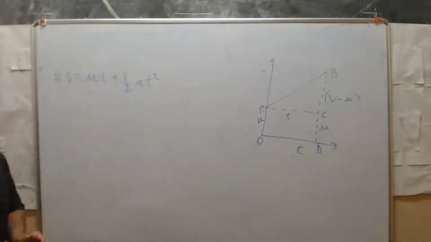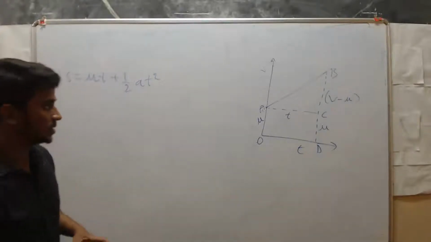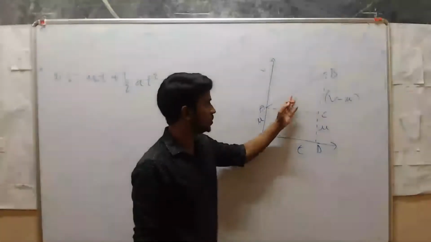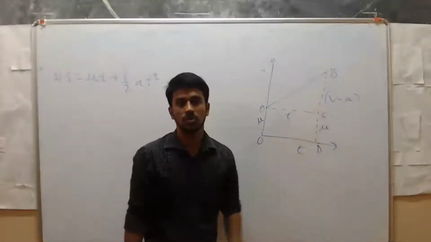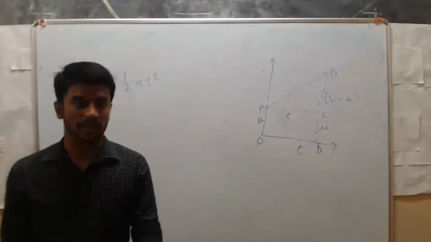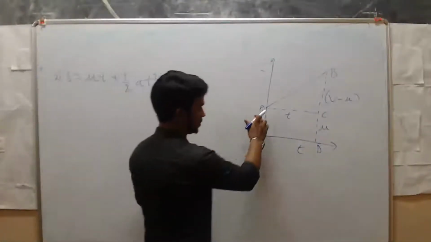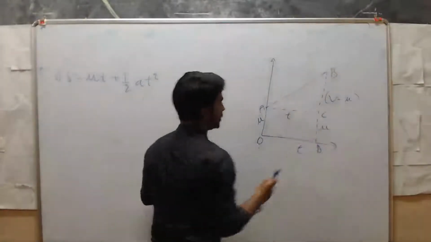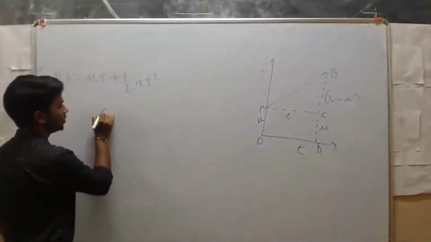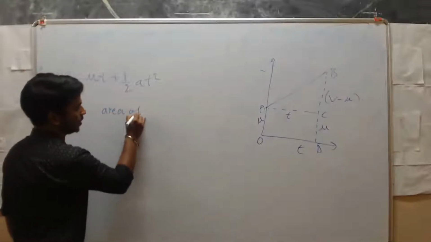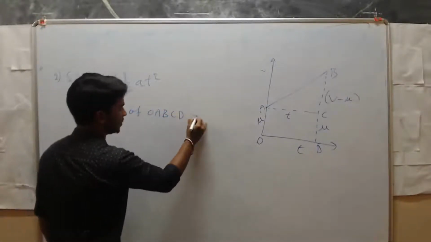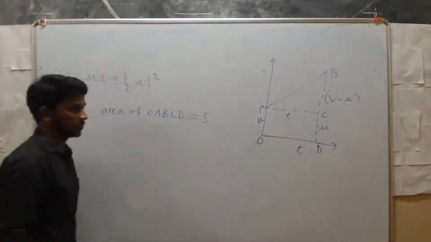Here we have used what we studied in the previous lessons on graphs: the area below the line is equal to distance or displacement. So here distance or displacement is equal to the area of OABCD.